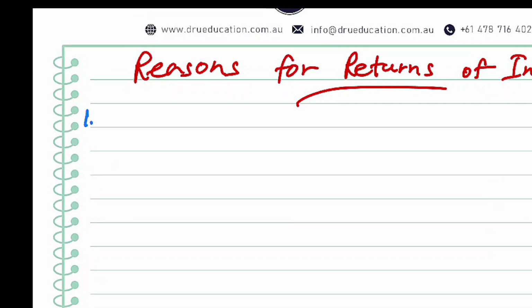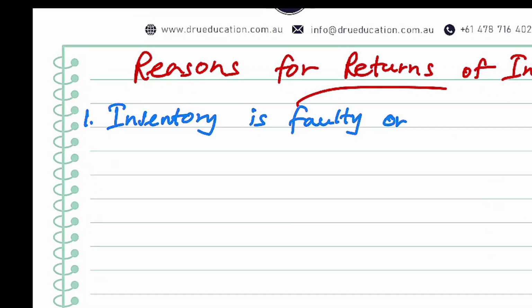Number one: inventory is faulty or damaged.